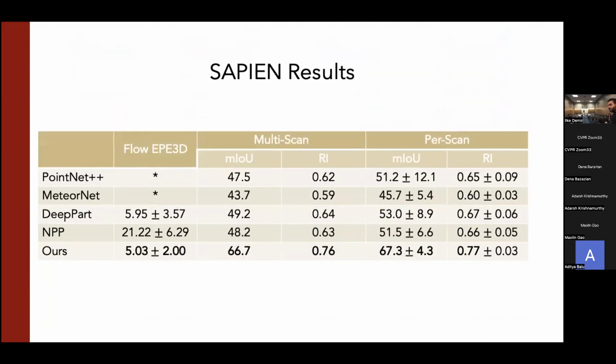Right. So when we look at just flow estimation, there are pairwise approaches which also work well. Let's say D part here is 595 in terms of endpoint error. Ours is of course lower, but it's comparable. However, if you go to the multi-scan setting now, all of them perform similarly, and it's because there is no consistency. There is only so much you can do just looking at 2 views.